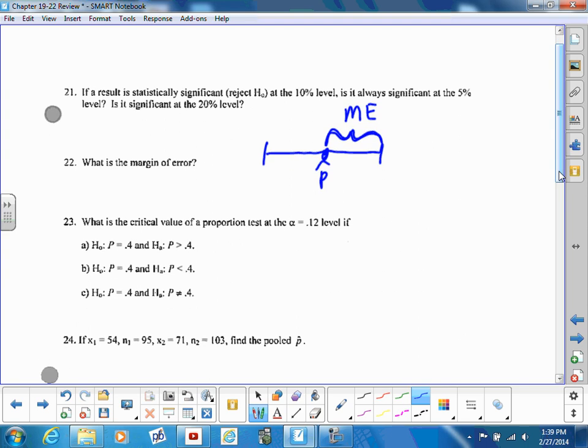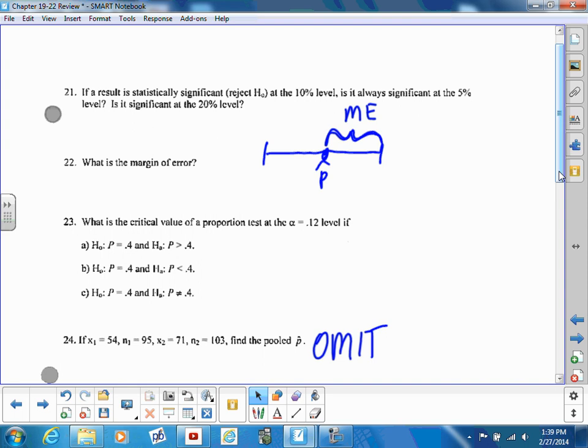Is there any specific way that you are wanting us to write the definition? No, not really. I've never known the specific way that it needs to be worded. They might say some different things and ask which one of these explains what the margin of error is. So I just am making sure you understand what that is.